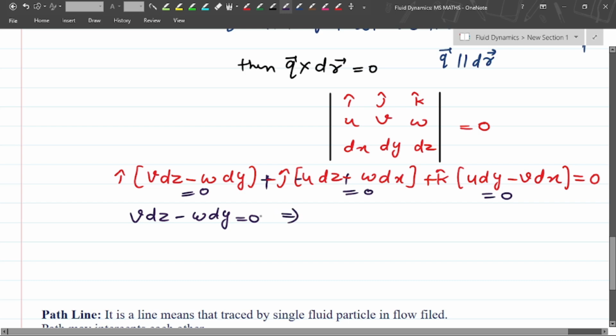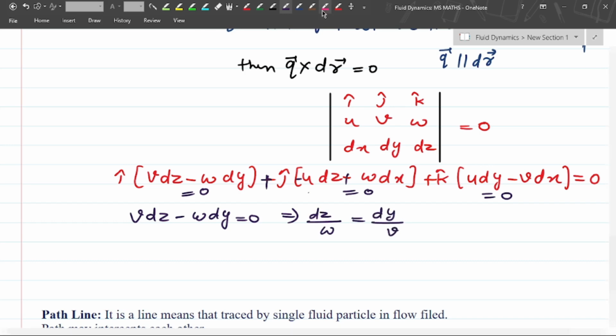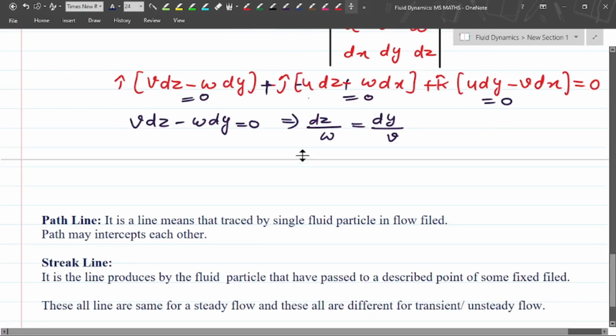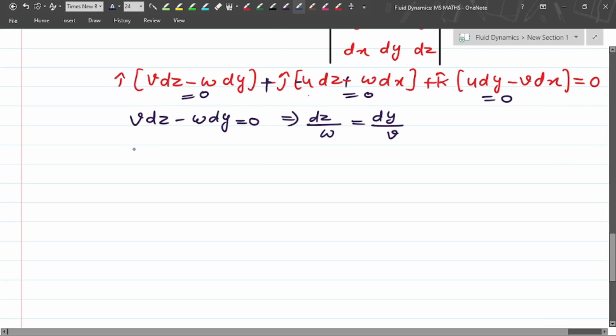So I can write it as dz by w equals dy by v. Similarly, the second term will be equal to 0. So minus u dz plus w dx equals 0.